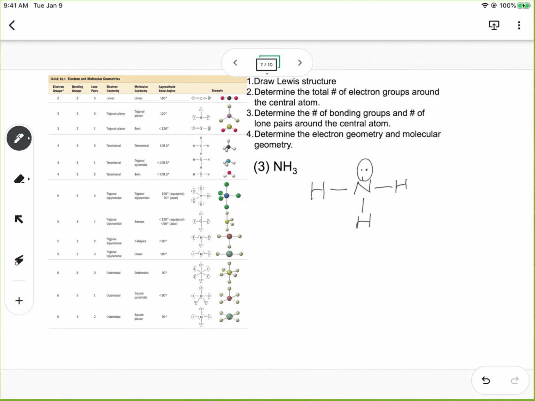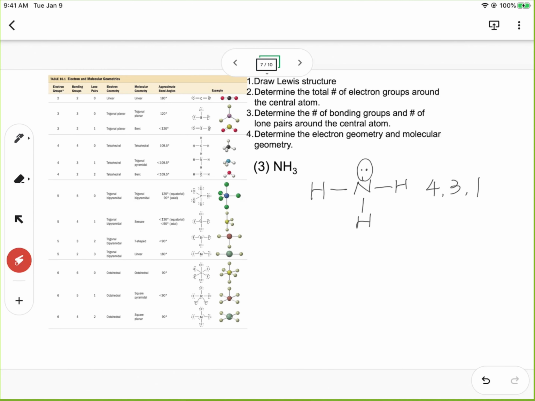Therefore, total number of electron groups would be 4. Now, determine the number of bonding groups. We know that bonding groups, it has 3 bonds. Therefore, the bonding groups would be 3. And the number of lone pairs, apparently, it's just one lone pair. So the last digit of the 3-digit code is 1.